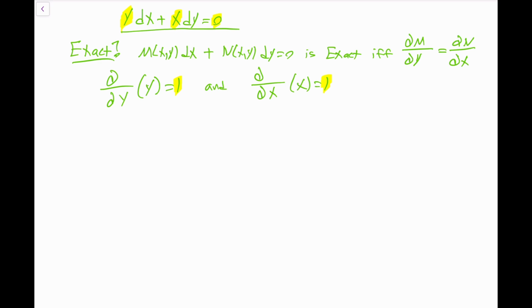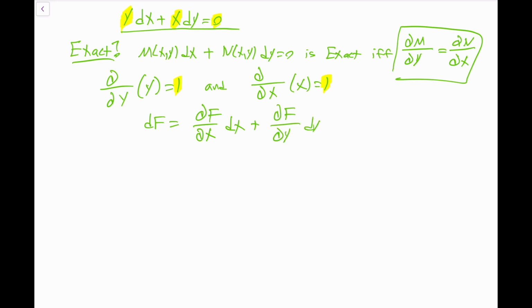So the first thing to note is that this equality is true. Next, remember the total differential is equal to the partial of f with respect to x dx plus the partial of f with respect to y dy.